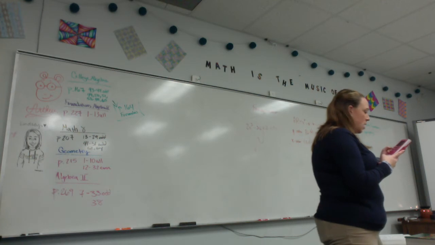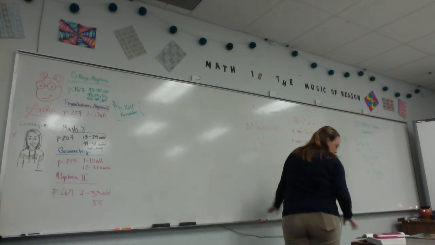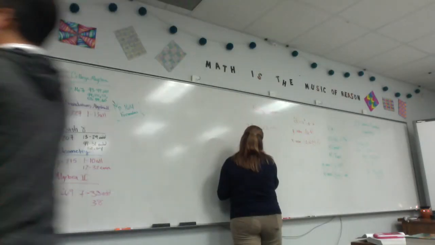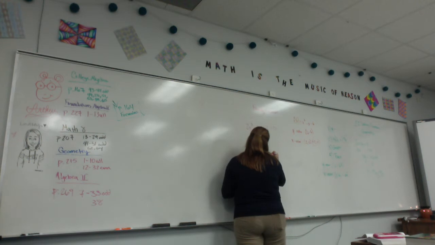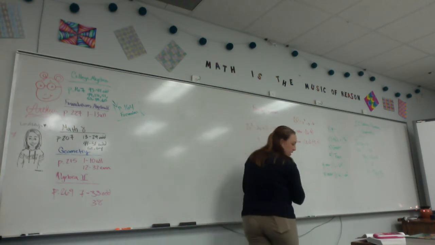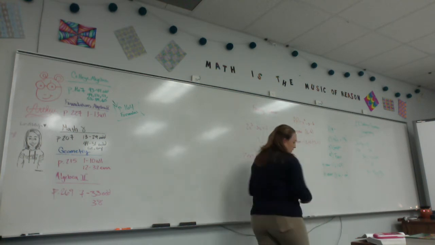If I use the 0 feature, that means you have to press second, and then you have to press the trace button, and then you would press the one that says 0. Okay, that's the 0 feature.